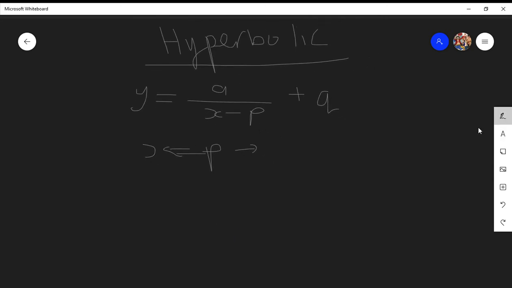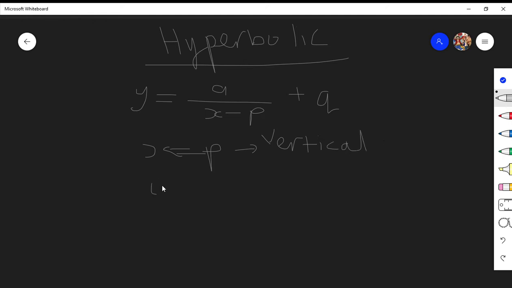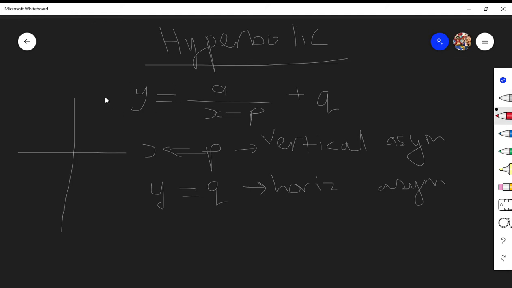which is actually our vertical asymptote. And we have y is equal to q, which is actually our horizontal asymptote. So if we have our axes like this, our vertical asymptote would cut our x-axis.